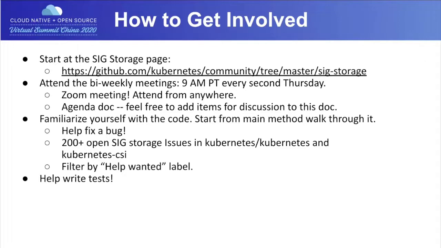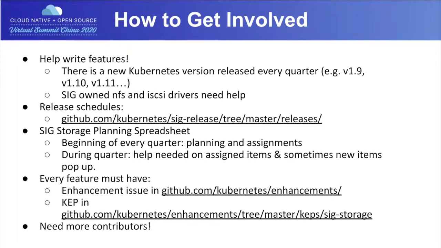We have a lot of bugs that we need help with, so help fix a bug and help write tests. Help write features. Kubernetes releases usually every quarter, but this year due to COVID-19, there are only 3 releases. For every release, we will be doing planning.